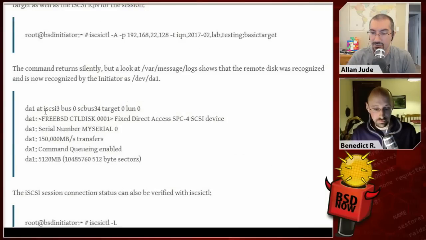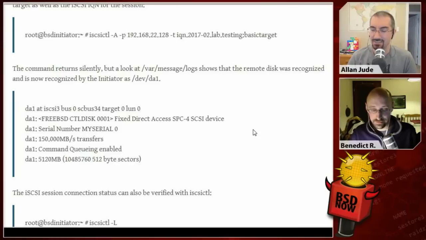And when it does, you'll see a new device show up on your system. In this case, da1, because da0 was the disk in the client. So now you have this new disk, which you can see the model number is FreeBSD CTL disk 0001. You do operations on that virtual device, and iSCSI copies those SCSI commands over the network back to the ctld, and it actually performs them on the real hard drive.